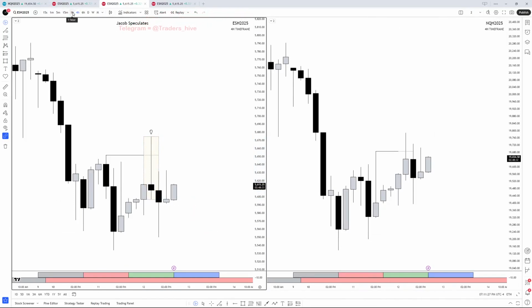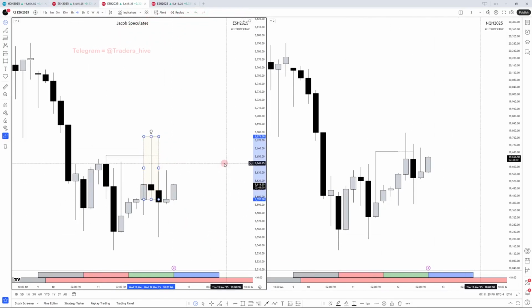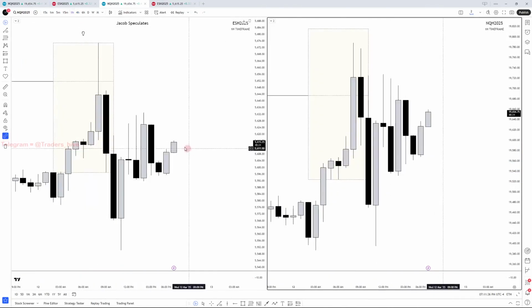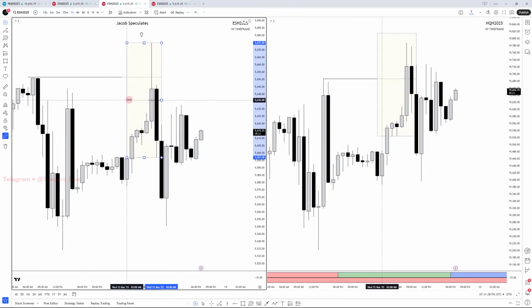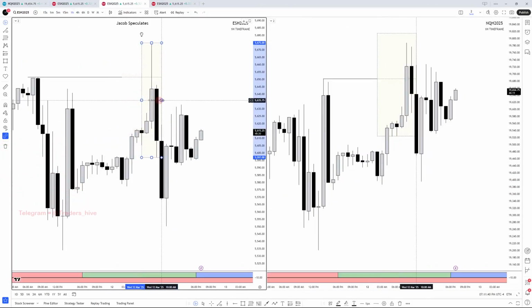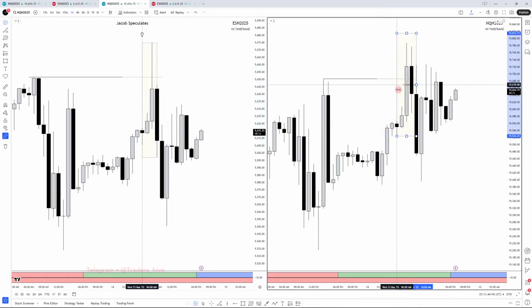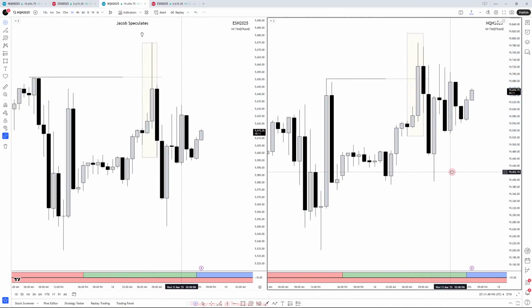So let's go from the 4-hour time frame to the 1-hour chart. We have our TPD. All right.